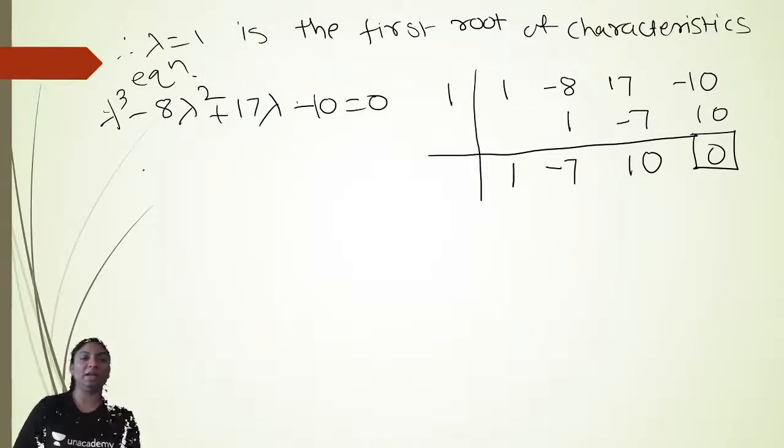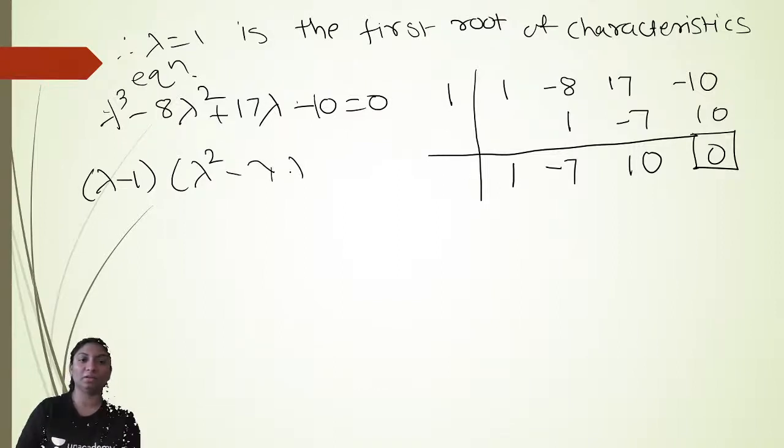So we get lambda minus 1 into lambda square minus 7 lambda plus 10 is equal to 0.